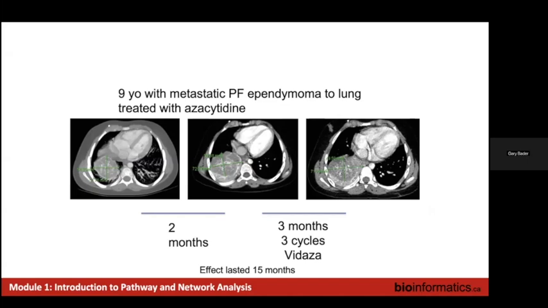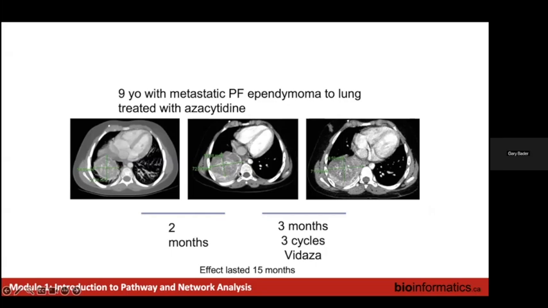This was a patient at Sick Kids who was 9 years old, whose ependymoma had metastasized to the lung. That's this mass here, and in 2 months it doubled in volume. And at that point there were no other treatment options available.